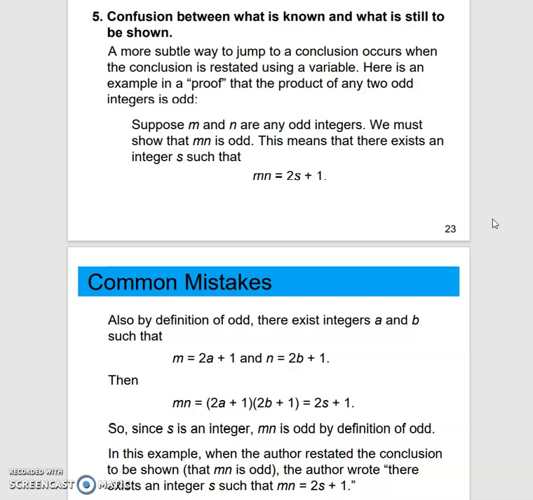One of the questions can be, okay, I know this, do I actually then know this next step, or do I have to do a little bit more work to actually show that? So in this little proof here, we are trying to show that m times n is odd, and you'll notice the very first step this author took was using that definition of odd for that product. Anytime I'm taking my conclusion and just going with it and assuming that it's working, I'm doing something that I'm not supposed to do. And so that is why this one is not going to work.